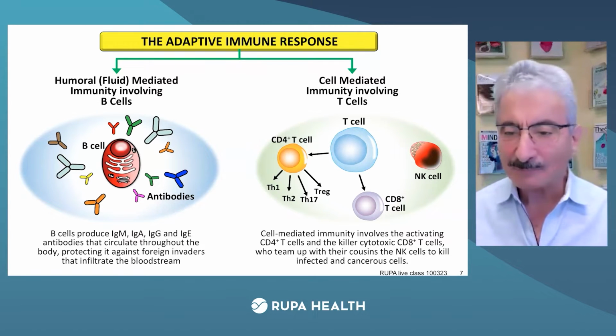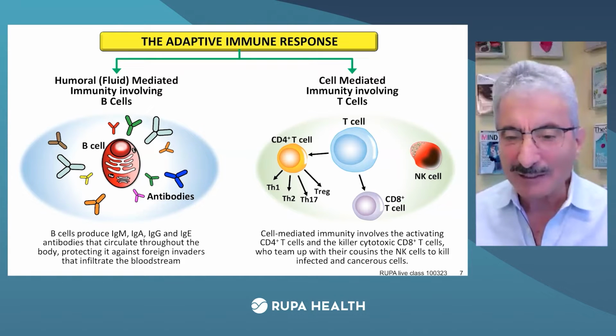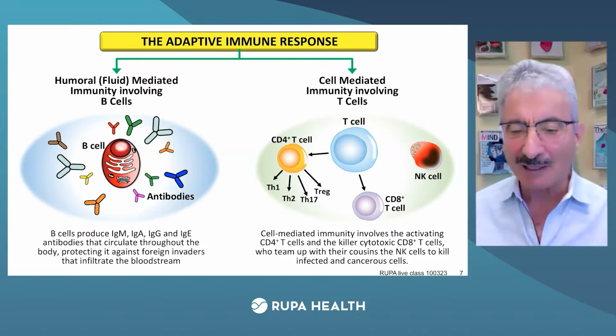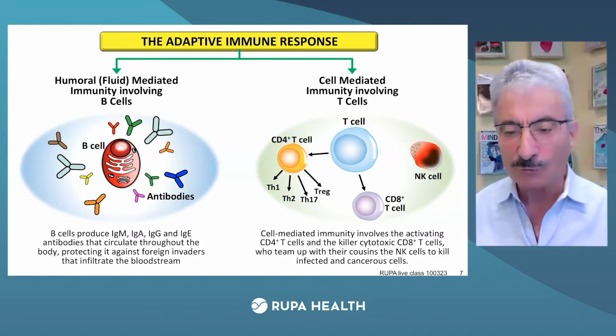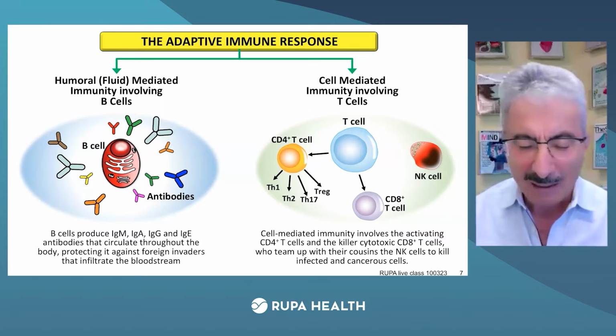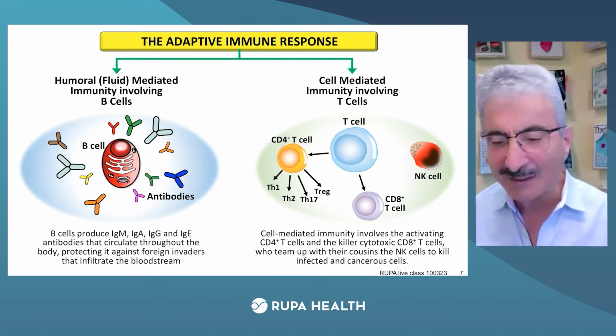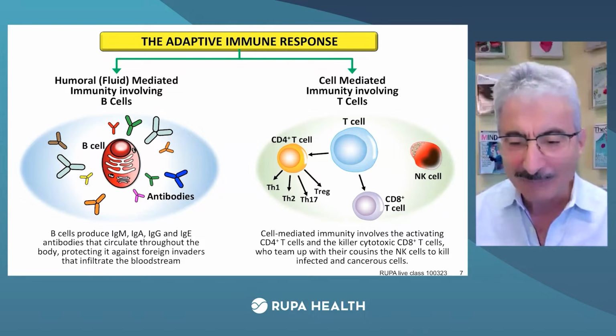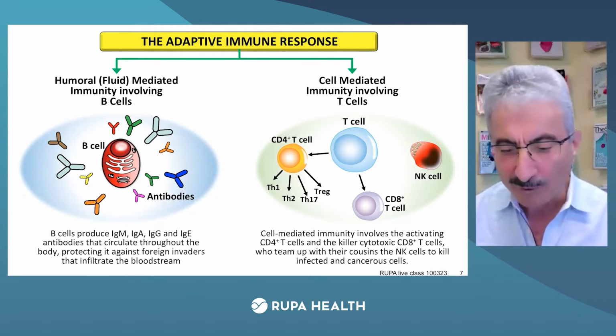But T cells are divided into CD4 or helper cells and CD8 positive T cells, or cytotoxic T cells, or killer T cells. And CD4 T cells are subdivided into T helper 1, T helper 2, T helper 17, and Treg cells, all of which have a significant clinical importance.